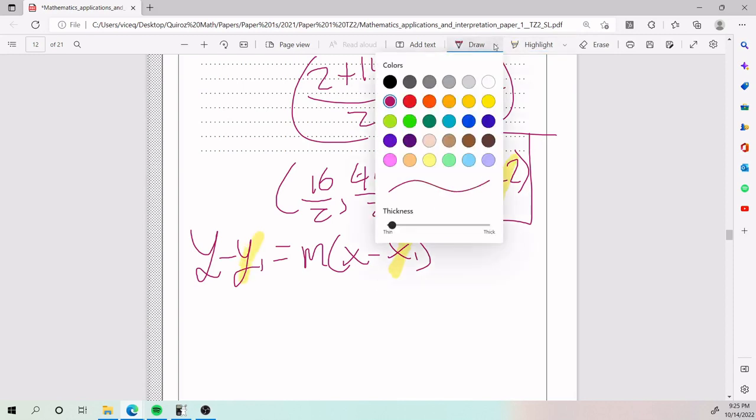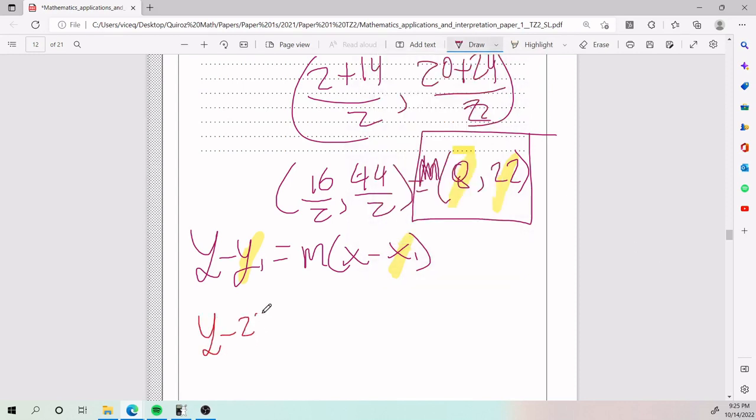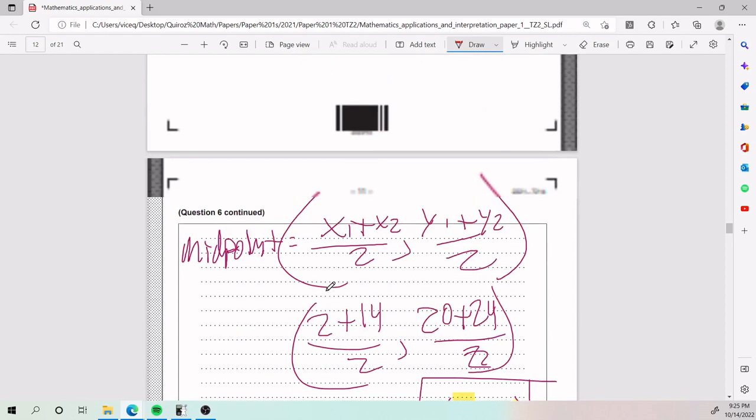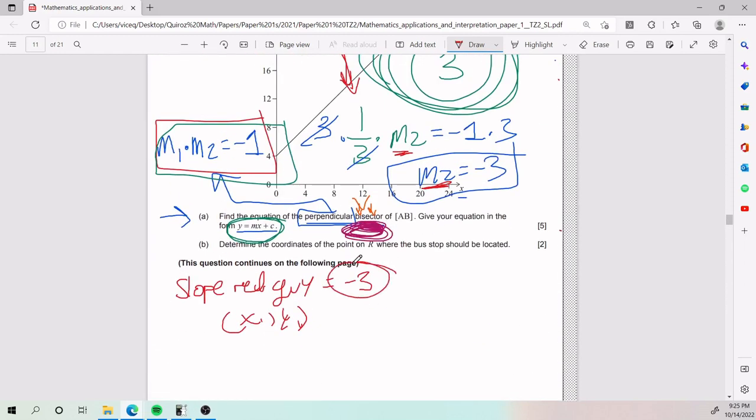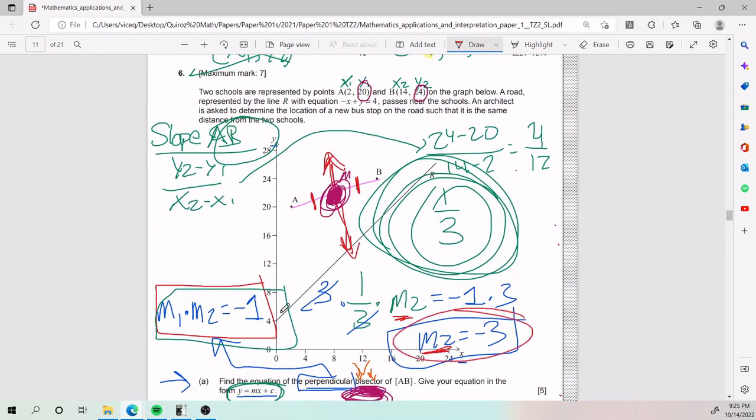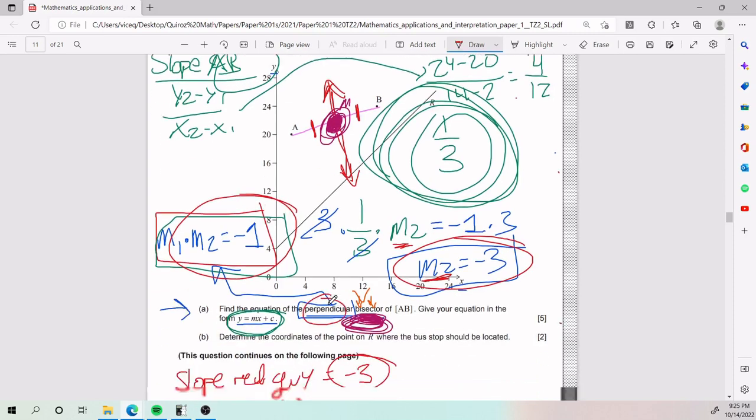So y minus y1 equals slope -3 times x minus 8. Slope is -3 because it's what we identified all the way back here. The slope of the red guy, which we got from this here, which came from this, which came from that.